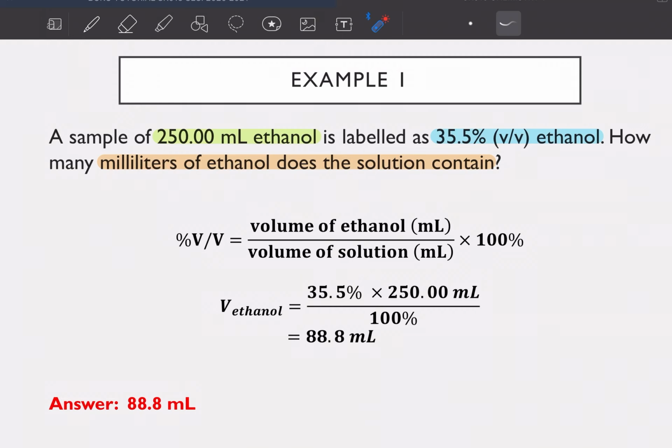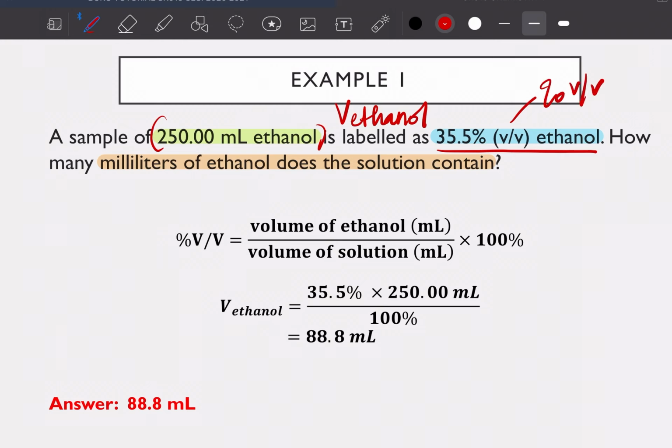So in this case, we are given the volume of ethanol solute. This is the percent by volume of ethanol, 35.5%. And then they ask, how many mils of ethanol does the solution contain?